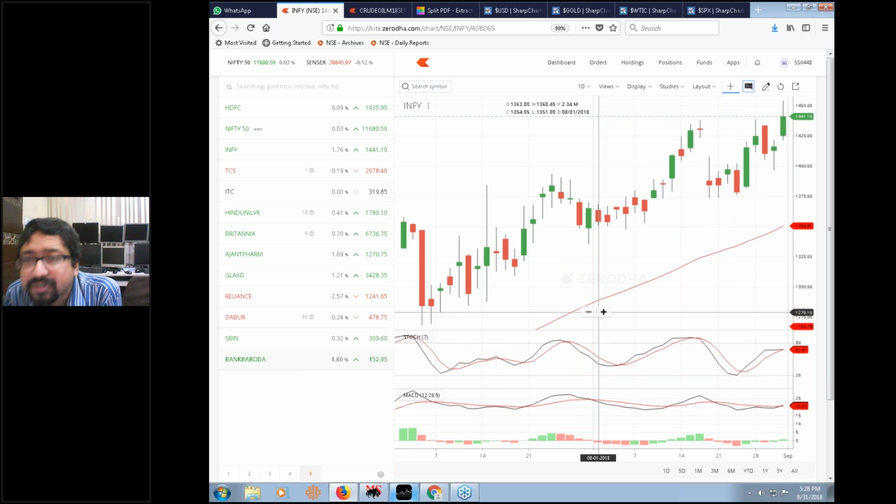Prices opened 50 points gap down, but that was the bottom. The price never broke that bottom and made another higher bottom, and today's closing is another lifetime high on a daily basis.